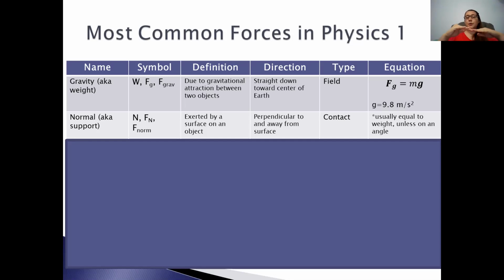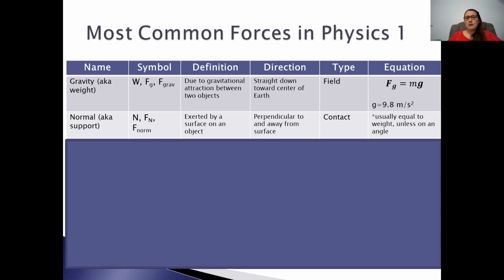So again, if we have a book sitting on a table, for example, the table is the surface that's holding up the book. So the table is exerting a normal force onto the book. But if I'm leaning my hand against the wall or something, then the wall is the surface that is holding me up. And so the normal force is actually out of the wall.